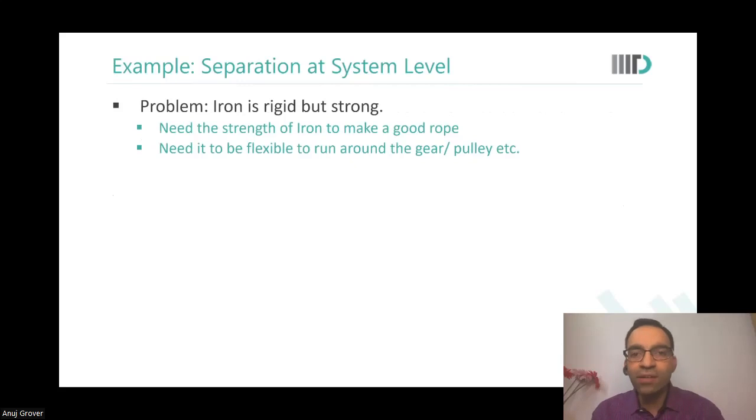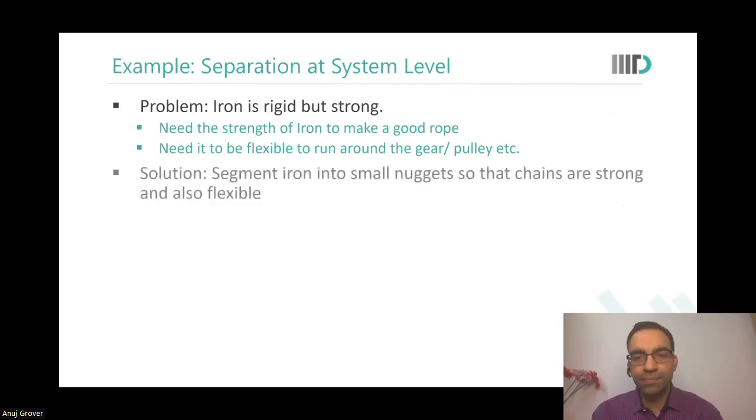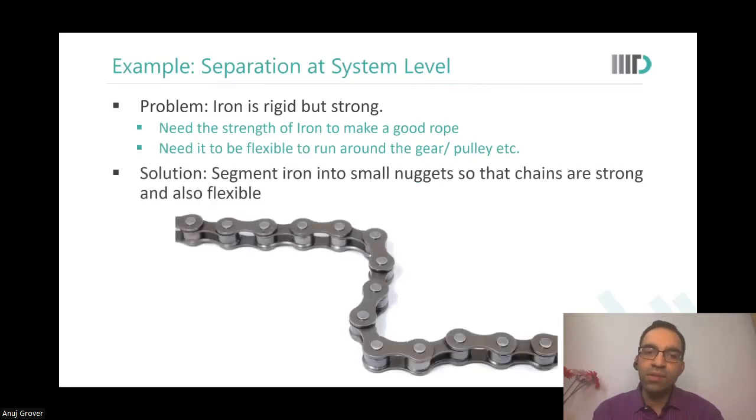We need the strength of iron to make a good rope, but I also need that rope to be flexible to run around a gear or a pulley. So the solution was to segment it into smaller nuggets so that the chain is strong, but also flexible. Are you able to see this? Any questions?